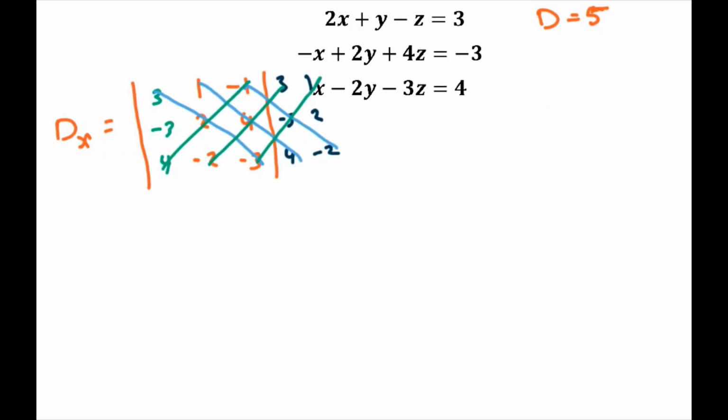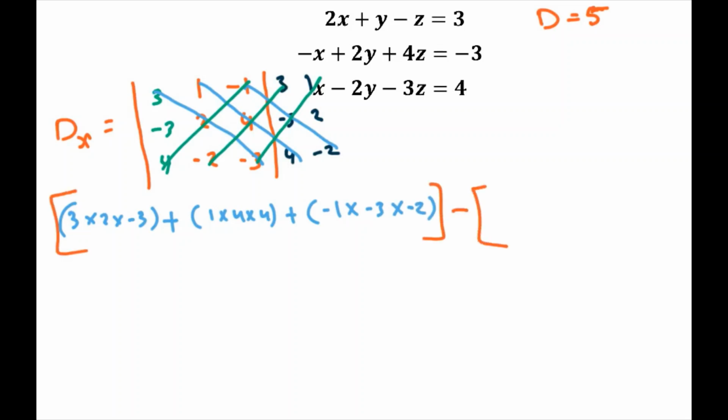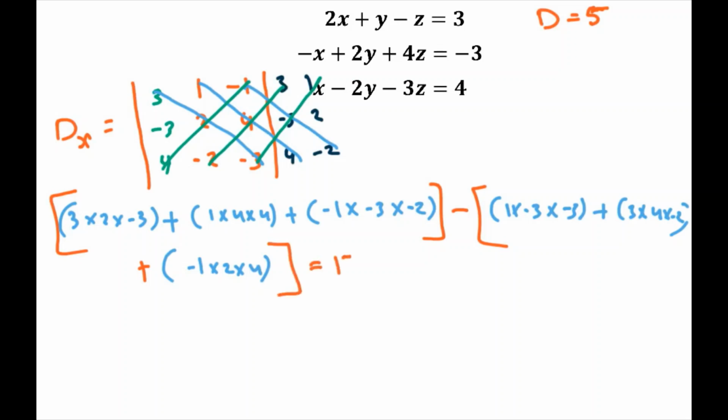Okay, again we are going to do the same. So let me write it here. Then minus, the opposite direction, and when you calculate it, you are going to get dx equal 15.